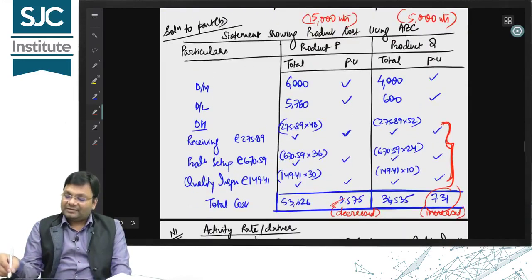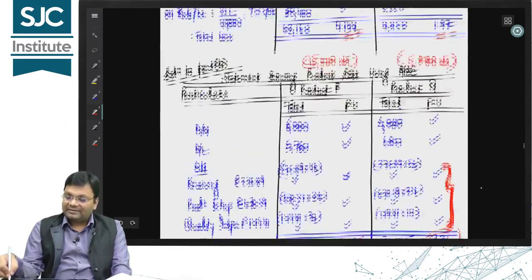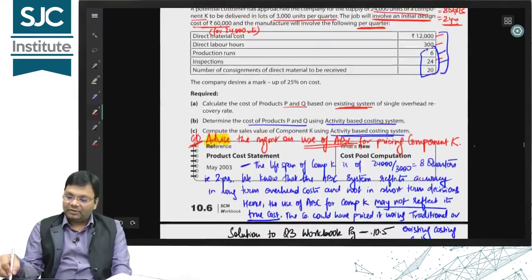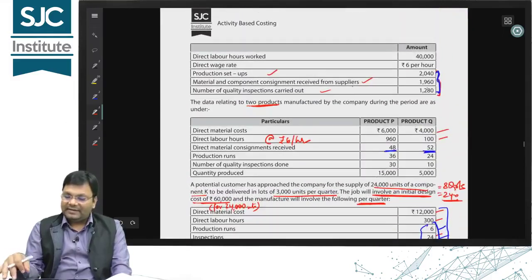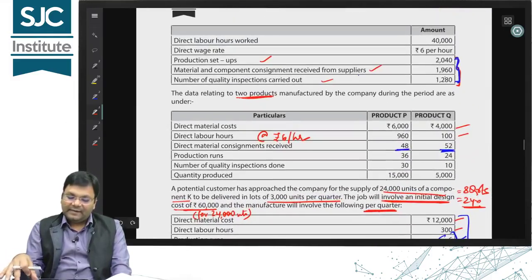If you are asked how we can reduce the activity based cost, because we have high cost here, the question is asking for a recommendation to reduce the cost. In that case, we will see how the drivers of product Q can be reduced. We can write comments like this.